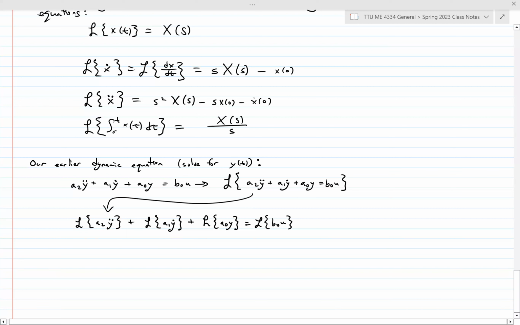Let's start with this term right here, and then we'll go to this side, and then we'll worry about the right side after. The Laplace transform of a0 times y. How do we want to represent that? a0 times big Y of s, because that's what we're going to be solving for, big Y of s.